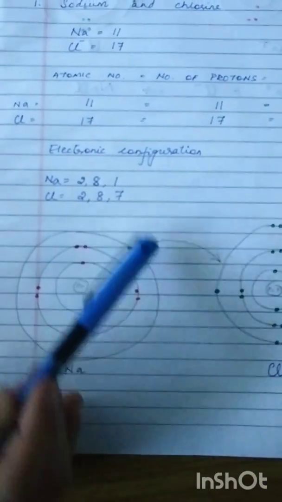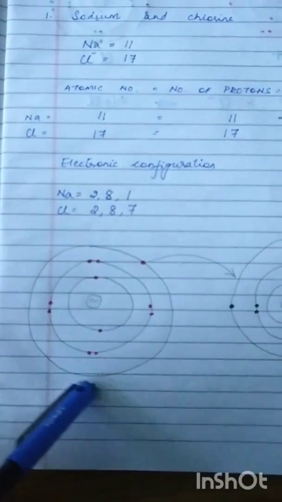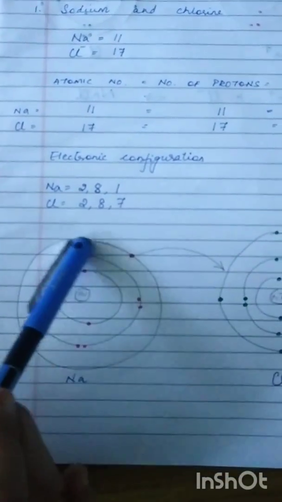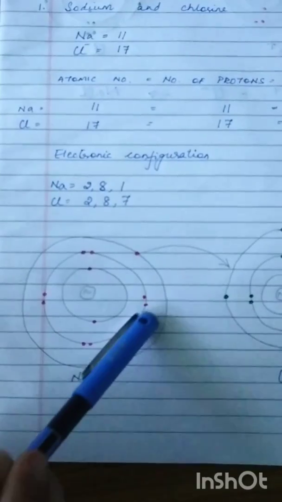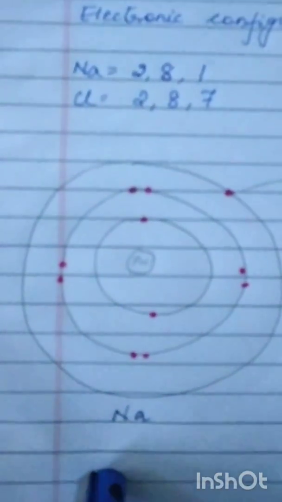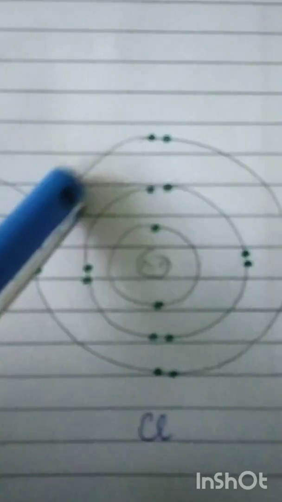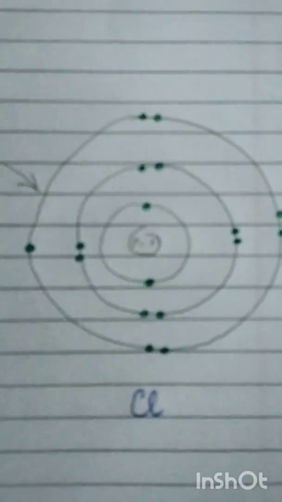Here if sodium gives away one electron, this outermost orbit will disappear and it will have 8 electrons in its outermost orbit, becoming stable. Similarly, chlorine, if it receives 1 electron, the outermost orbit will have 8 electrons, making it stable.